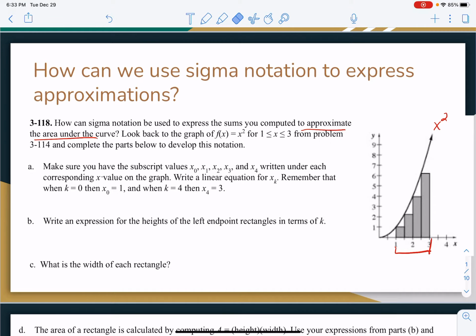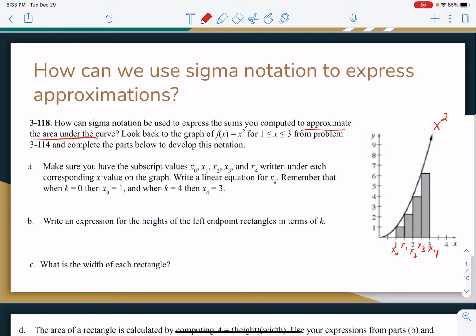And we're going to write our subscript values underneath that graph. So we have x sub 0, x sub 1, x sub 2, x sub 3, and x sub 4.